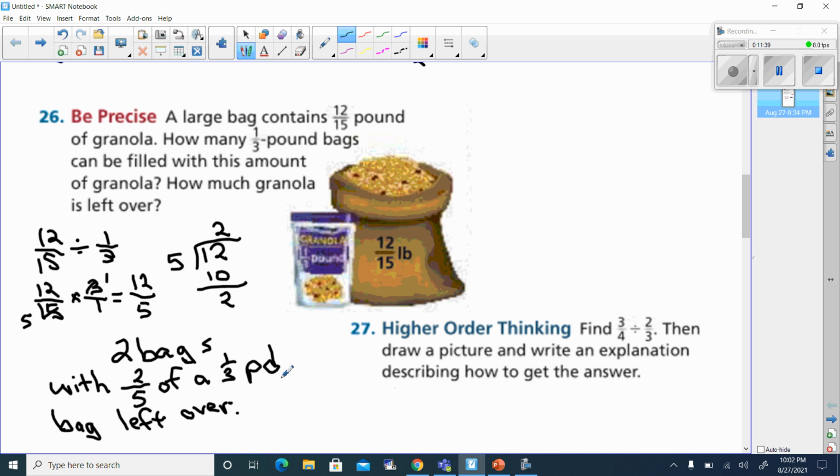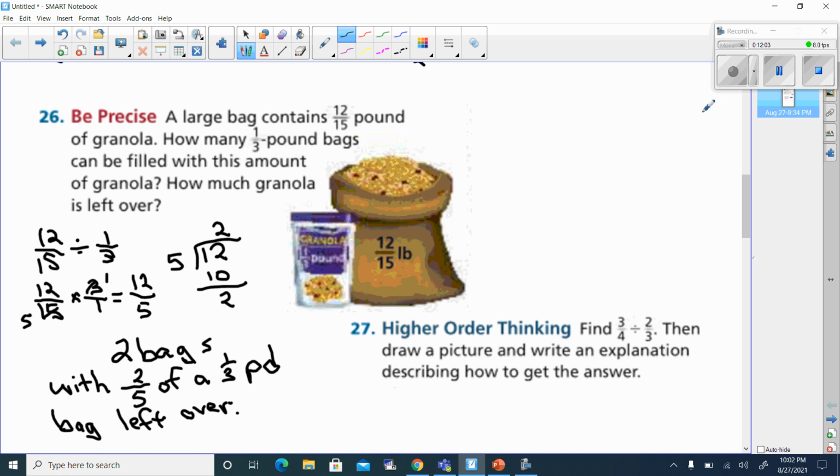All right, that is more accurate because we're not trying to find out how many pounds we would have left over. We're trying to find out how many bags we can make. So yeah, that is a more accurate reflection of what we found. 2 bags, 2 full 1/3 pound bags, and then 2/5 of a 1/3 pound bag left over.